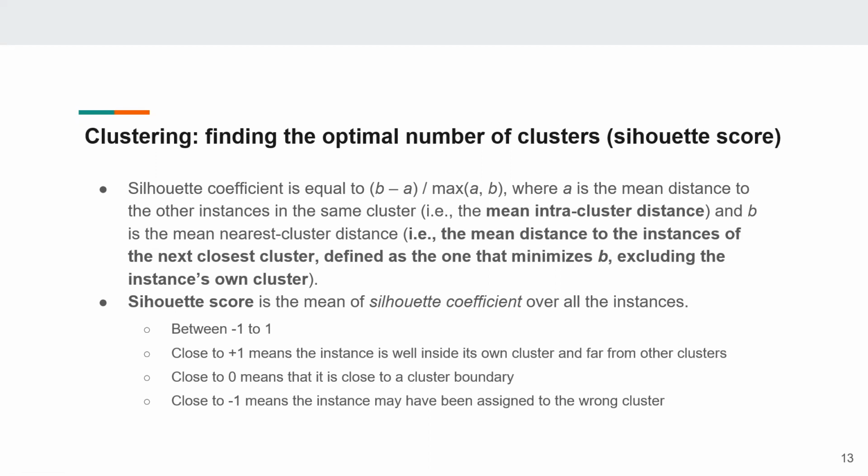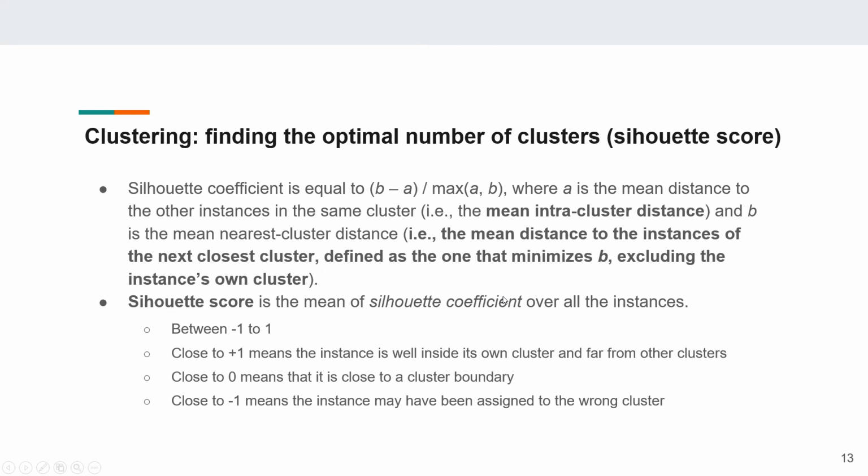Intra meaning within that cluster, inter meaning between clusters. Okay, this silhouette score is the mean of the silhouette coefficient over all the instances. So each one of them would come back with one value, and then you average all of them, and that would be the silhouette score. The silhouette coefficient is between -1 and 1.